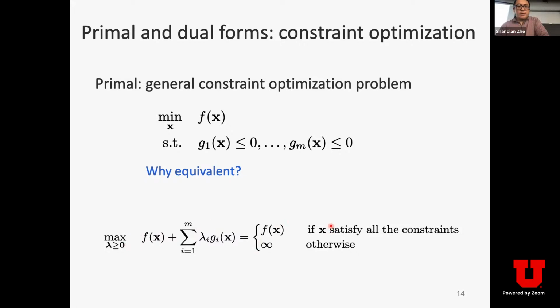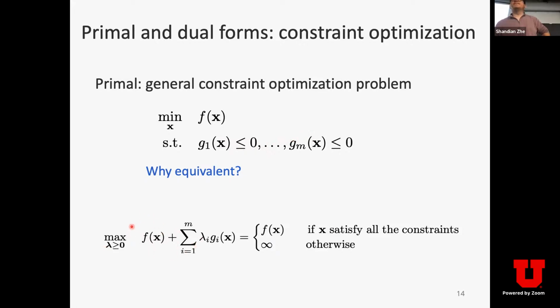First, if x satisfies all the constraints, what is the maximum of the Lagrange function? For any x, if it satisfies all the constraints in the original problem, namely g1(x) less than or equal to 0, g2(x) less than or equal to 0, until gm(x) less than or equal to 0, then you maximize the Lagrange function.